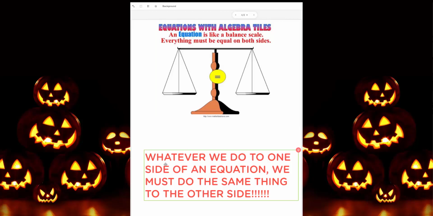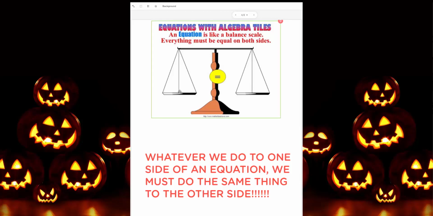Okay, so that is why the golden rule of equations is, whatever we do to one side of an equation, we must do the same thing to the other side. Okay, if I were to put those unit blocks that you get to play with in earlier grade levels, if I were to put 2 of those blocks on the left side of the scale here, in order to keep it balanced, I would have to put 2 on the right side.